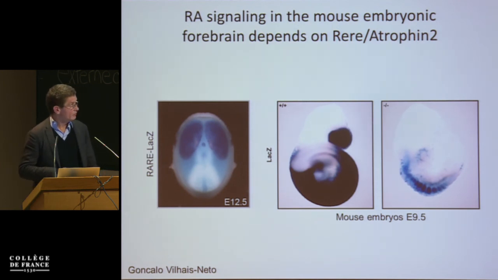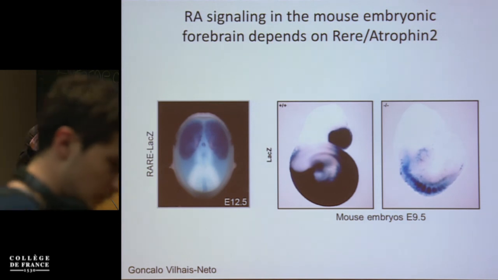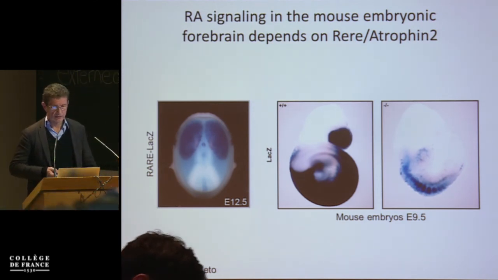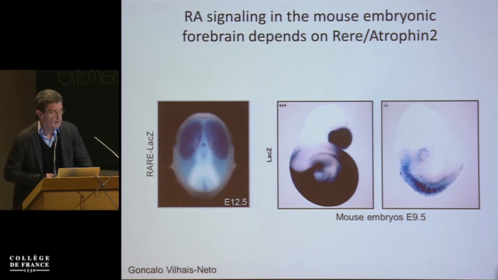So then we went back to the mouse and wondered whether this system that controls the asymmetry of the somites, this Re-dependent retinoic acid signaling pathway, could be important for controlling the symmetry and the asymmetry in the mammalian brain.